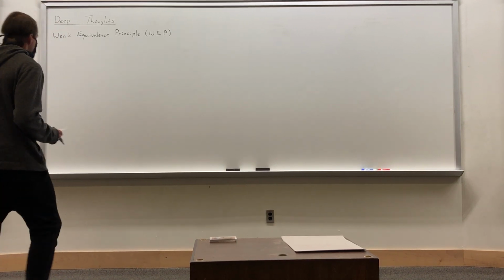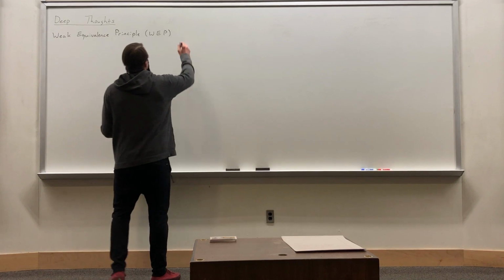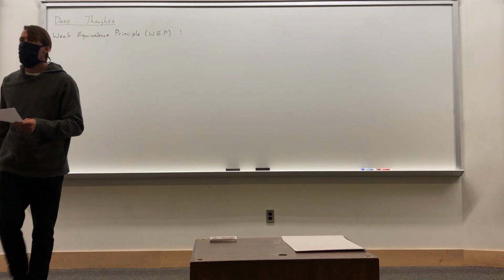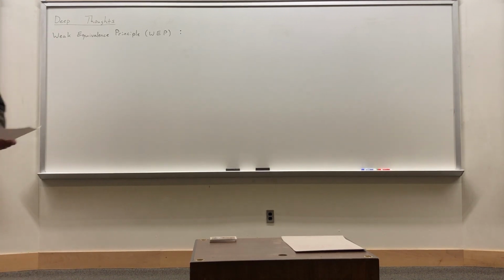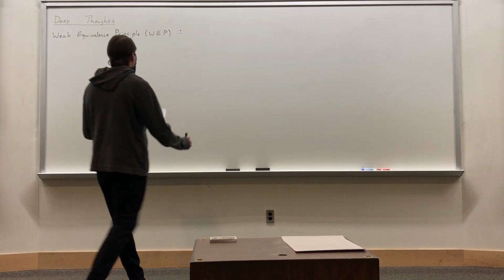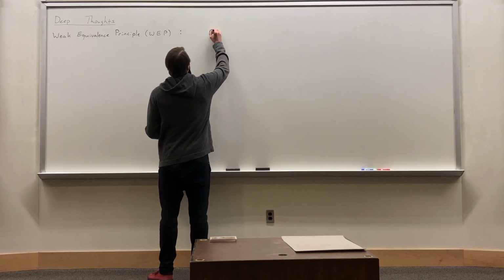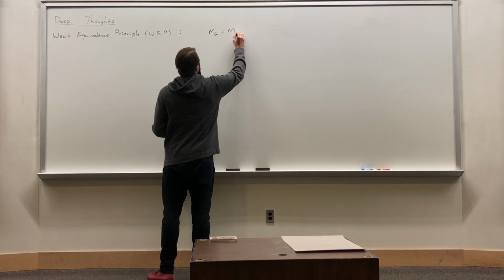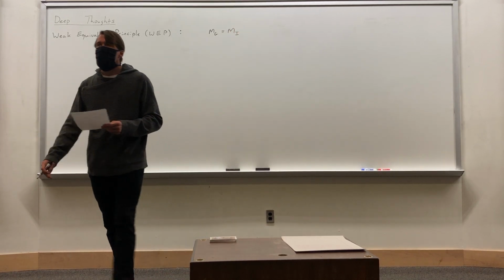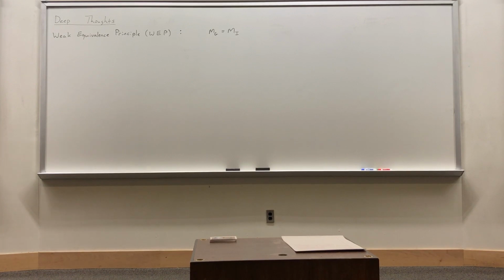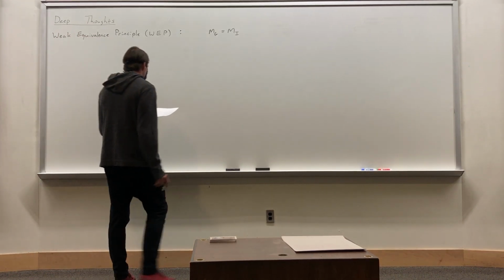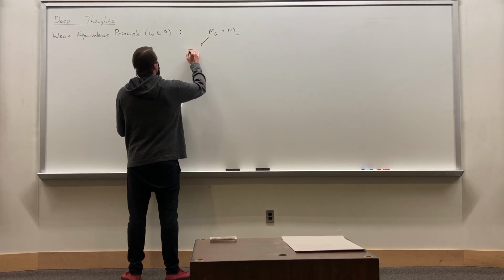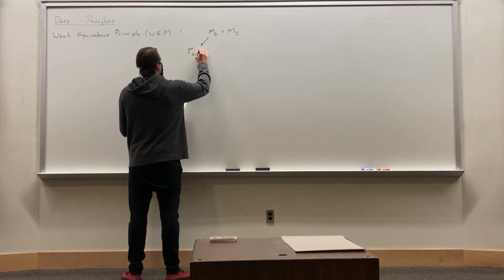It turns out that the weak equivalence principle is based on, really and truthfully, just realizing the equality of two distinctly defined things. That is, the equality of the gravitational mass of an object or a system of objects and their inertial mass. Now, obviously, the gravitational mass plays a fundamental role in the definition of the gravitational force.